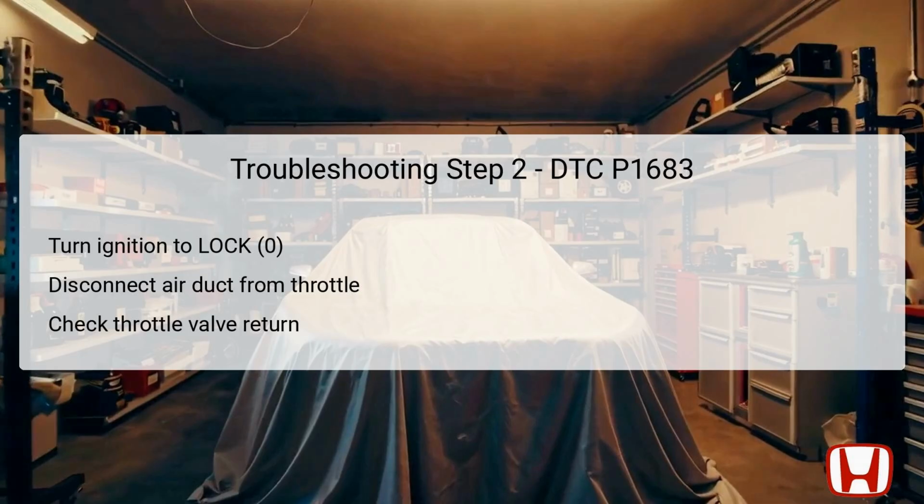The valve should naturally return to its default position due to the spring's action. This check is vital, as its failure to return signifies that the throttle body may be defective. If the throttle valve does return correctly, cleaning the throttle body might be necessary, followed by verification. However, if it fails to return, replacing the throttle body is advised.